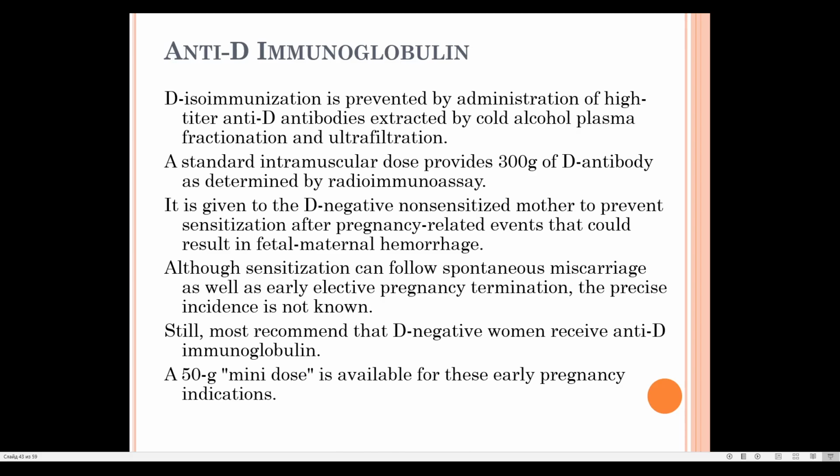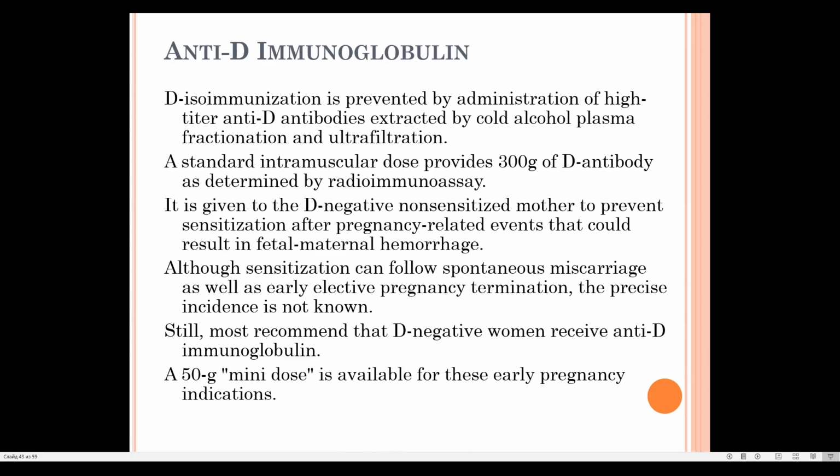It is given to the D-negative non-sensitized mother to prevent sensitization after pregnancy-related events that could result in fetomaternal hemorrhage. Sensitization can follow spontaneous miscarriage as well as early elective pregnancy termination.